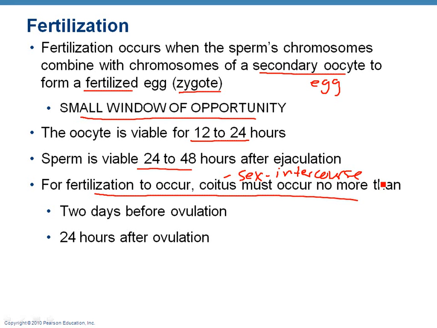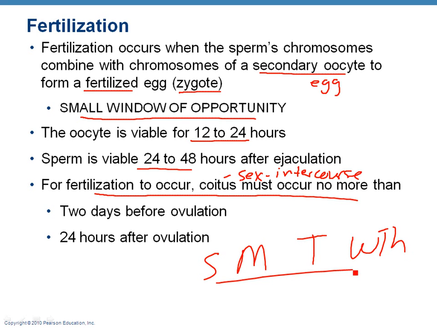So if you know you're going to ovulate on Tuesday, that's your good guess, then usually you'll go 2 days before, 2 days after with sex to try to get pregnant. Because you've only got about 12 hours that fertilization can actually occur, but you usually try for 4 or 5 days. So it's amazing that it ever occurs at all, because it is actually a very small window.